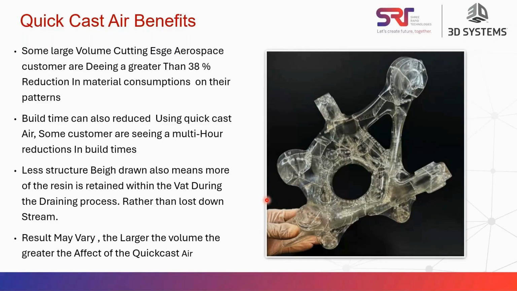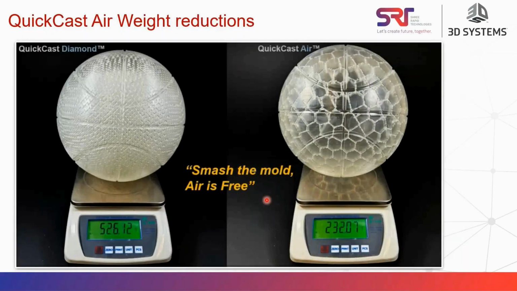The pattern is generated automatically, and it is lightweight in itself. There are a lot of advantages with QuickCast air. You can create lightweight components with faster timing, almost 38% faster than the QuickCast diamond structures. So we have the real benefits of 3D printing with the QuickCast investment casting pattern.